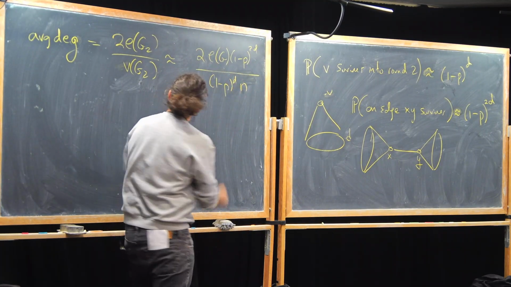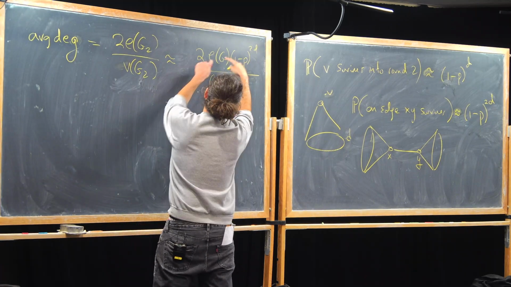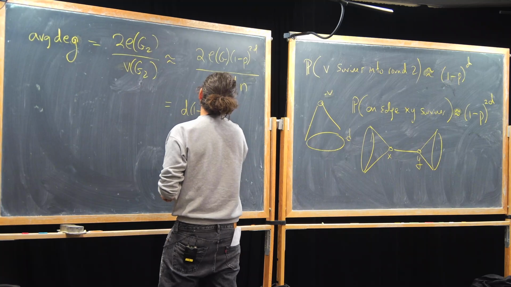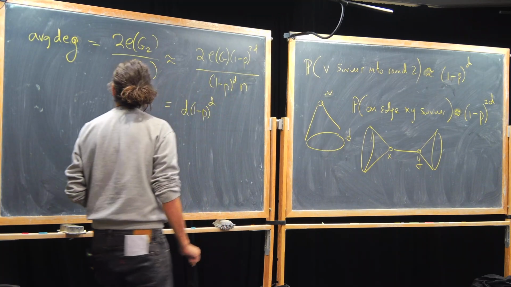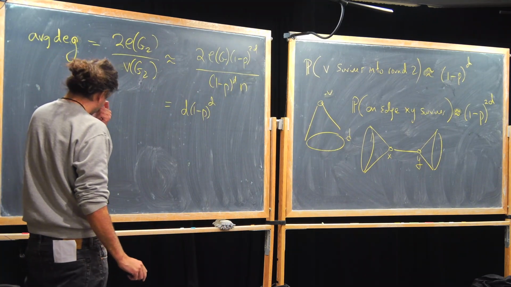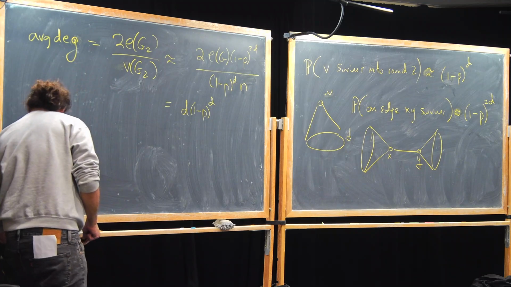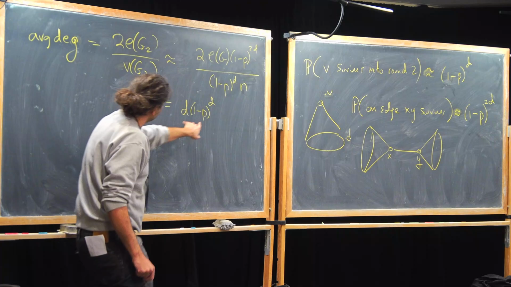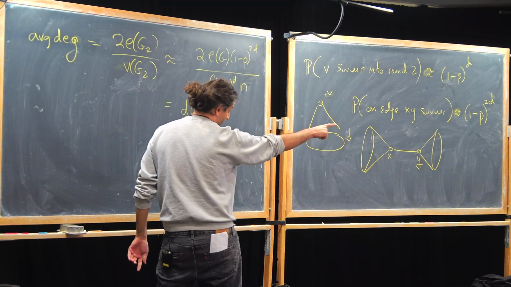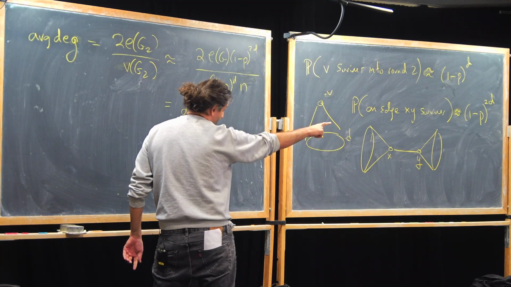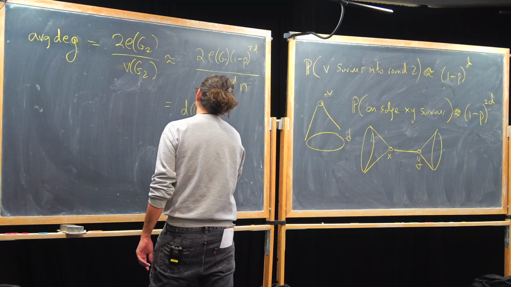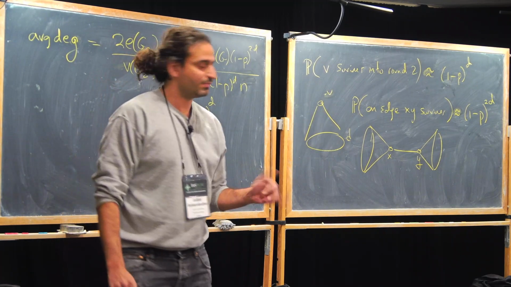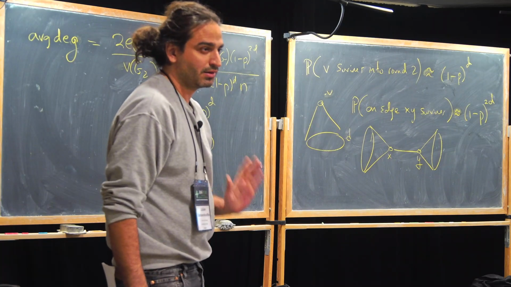Okay. So what is this? This here is just the average degree in the original graph times (1 minus p) to the d. Okay. Now, what is this quantity? P I chose to be gamma over d. And so this whole quantity is something like d times 1 minus gamma.